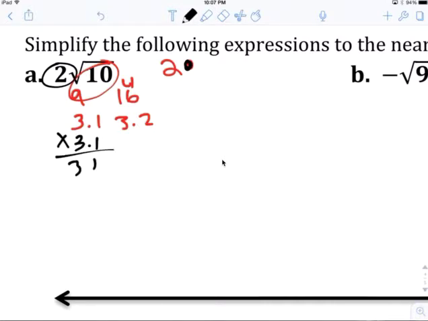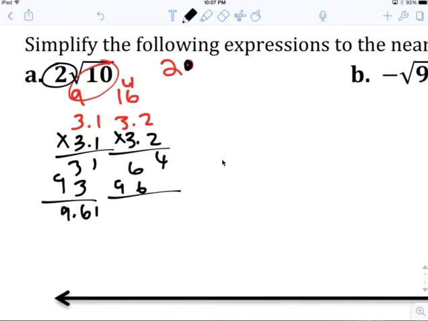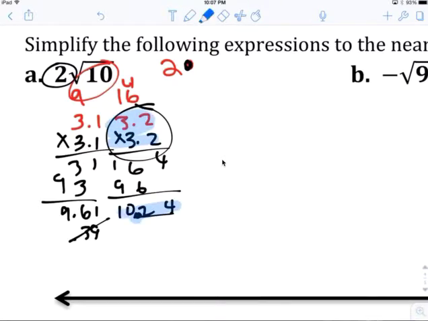So let's see. 3.1 squared is 9.61, close to 10. 3.2 squared is 10.24, that's above it. Only above by 0.24, and this is 0.39 away. So the closest one is 3.2. So you take the 3.2, it's closest to 10.